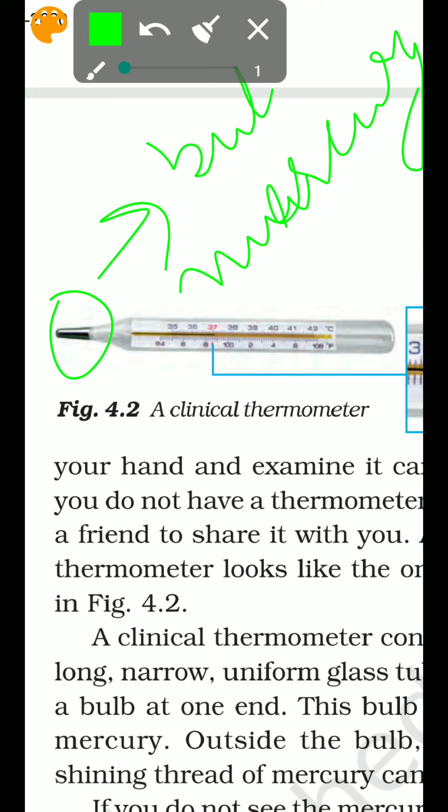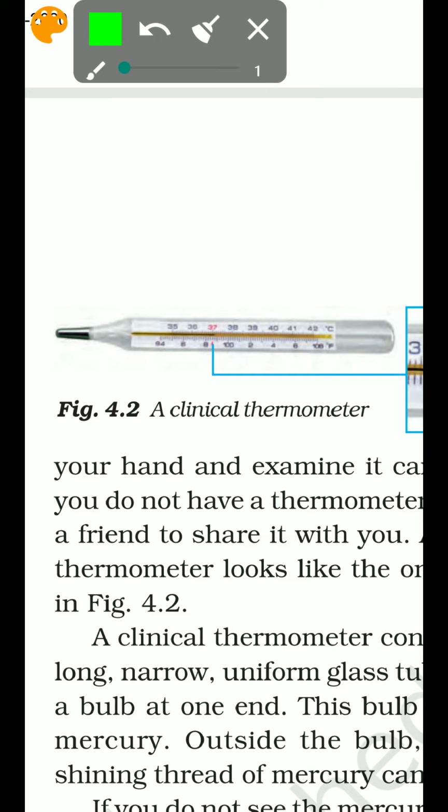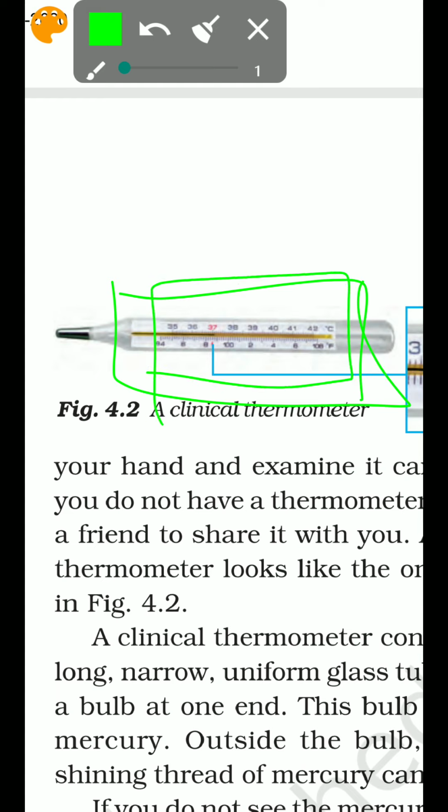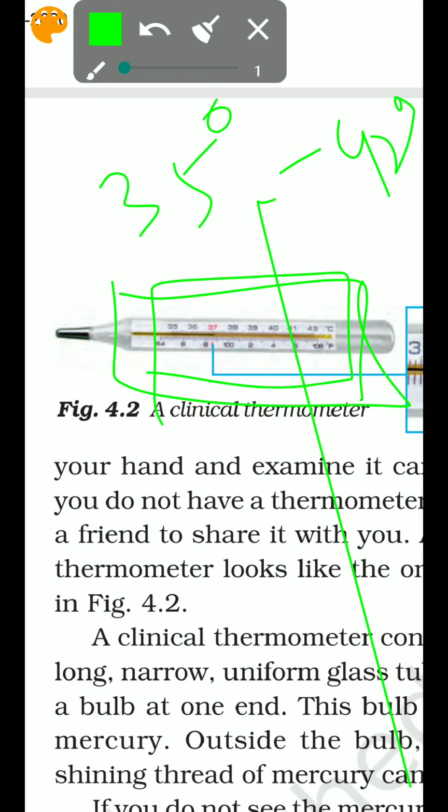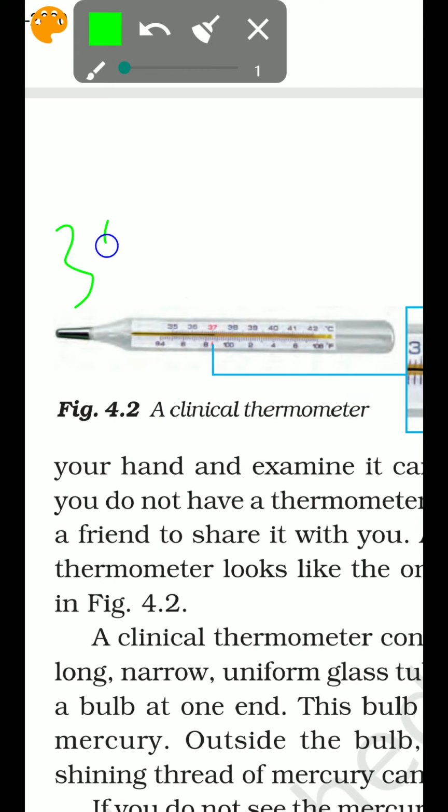And the long cylindrical part has a scale, and this scale in a clinical thermometer starts from 35 degrees Celsius to 42 degrees Celsius. Here the scale is given.